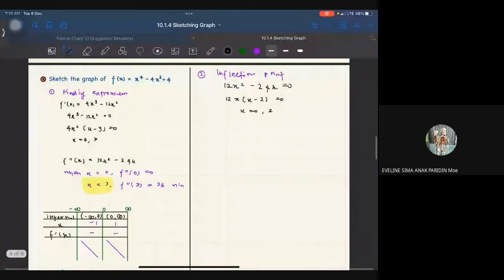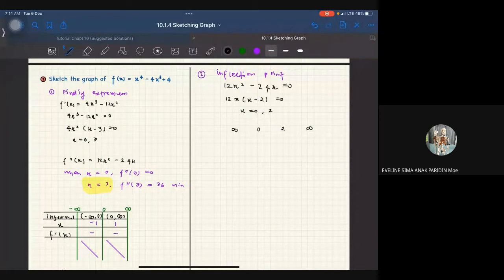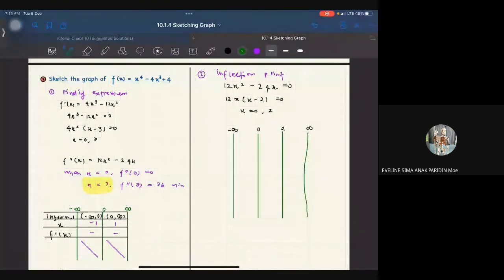Okay, so jom. Sekarang kita akan terus buat kita punya table. So I have 0. I have 2. Positive infinity. Lastly, negative infinity. Terbalik pula. Okay, and then we do a line panjang sampai ke bawah. This one as well. Mungkin sama. And this one. Okay, so bawa ke sini.